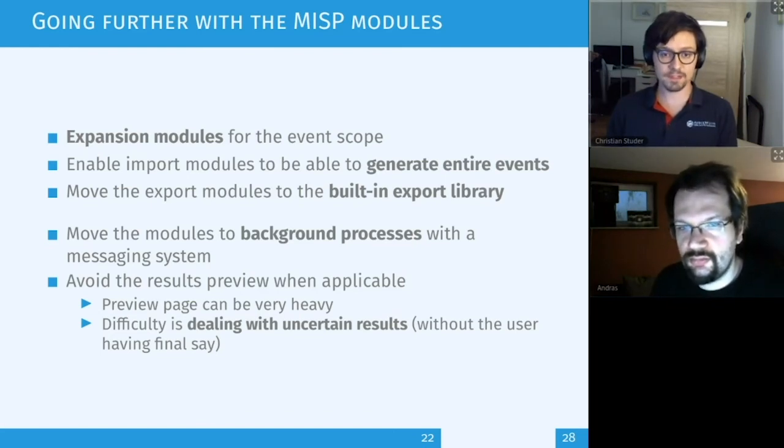In MISP terms, this means that we'd like to introduce the expansion of entire events as opposed to single attributes. We also want to expand our import modules to be able to create entire contextualized events or collections of events rather than just lists of individual indicators.